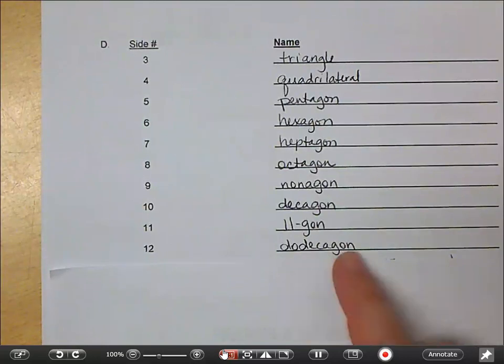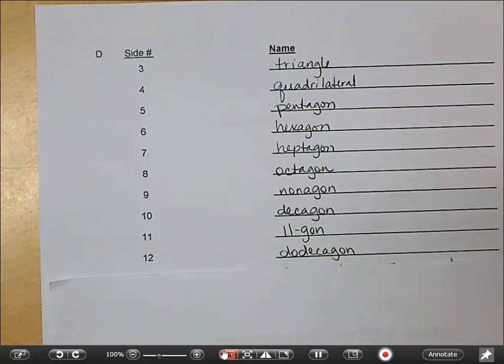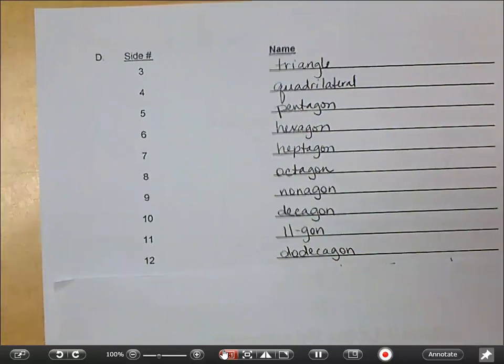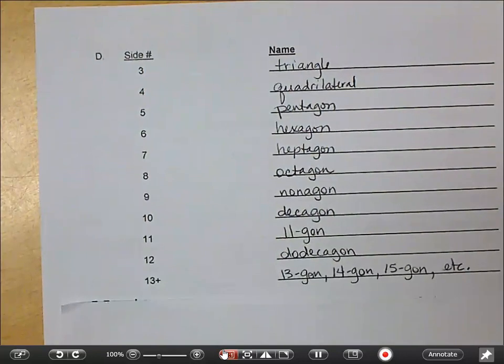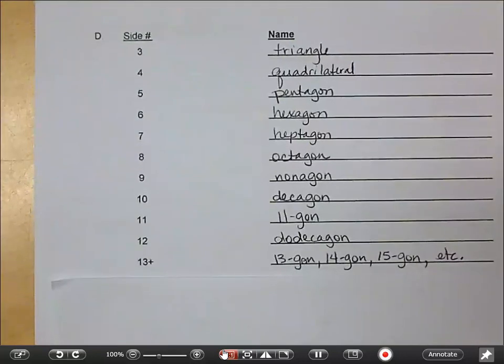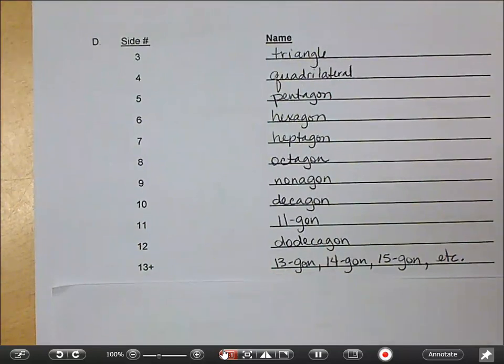It's got decagon in it, but it's got 2 extra letters, so 10 sides plus 2 more gives you 12-sided, or a dodecagon. Here's where it gets a little easier, because once you get beyond 12 sides, we just start labeling them with the number. So 13 sides is a 13-gon, 14 sides is a 14-gon, and so on.